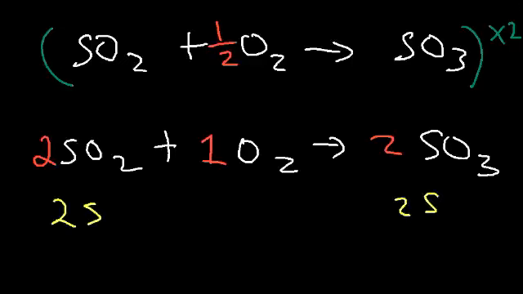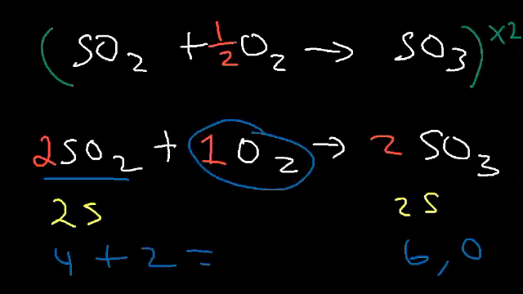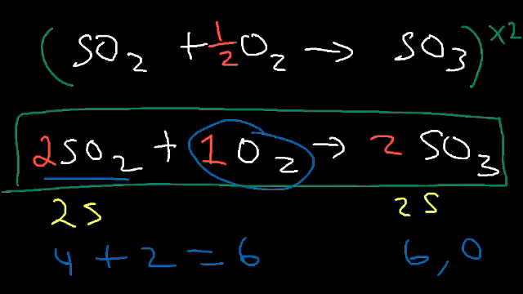On the right side, we have 6 oxygen atoms. 2 times 3 is 6. On the left side, we have 4 oxygen atoms from the 2 SO2 molecules, plus another 2 oxygen atoms, so that adds to 6. So we can see that we have the same number of oxygen atoms on both sides. So this is the answer. This is the balanced reaction.